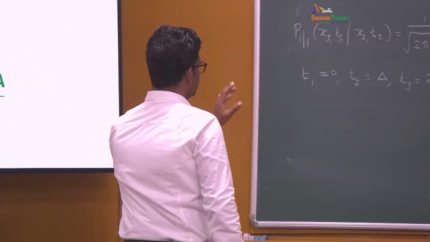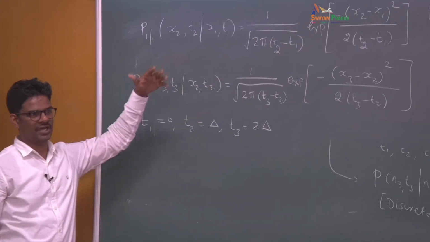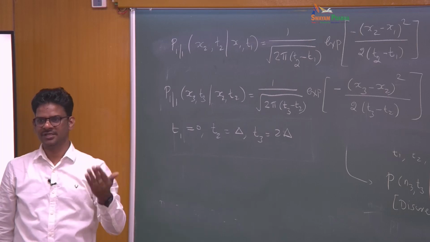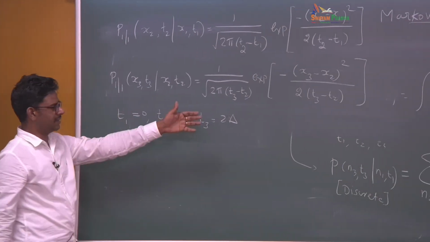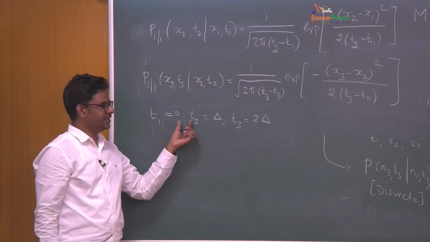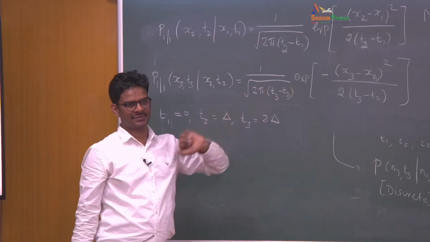We are not saying anything about the interval in these equations. t1 can be anything, t2 can be anything, t3 can be anything, provided that t1 is less than t2 and t2 is less than t3. For the proof of this consistency test, I would like to simplify so that the times are equally spaced, so that this equation becomes a little easier to solve.